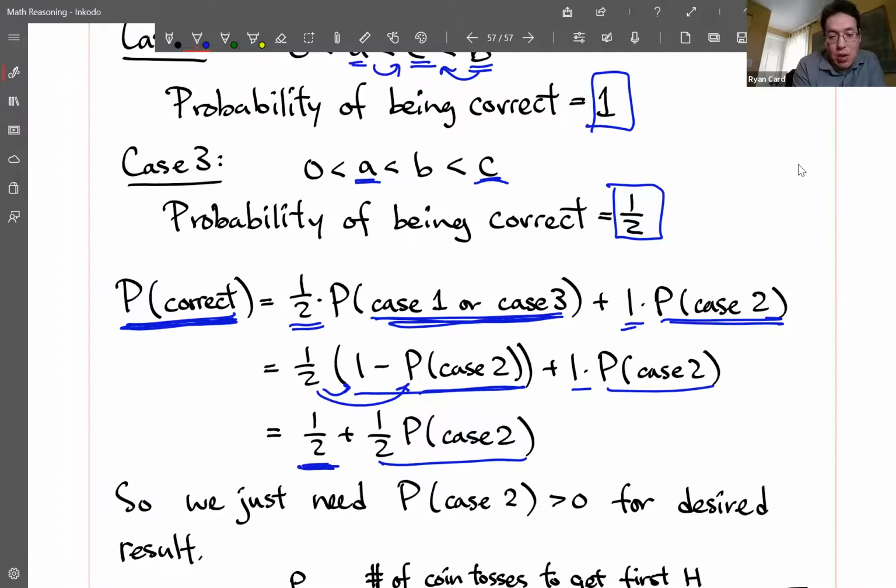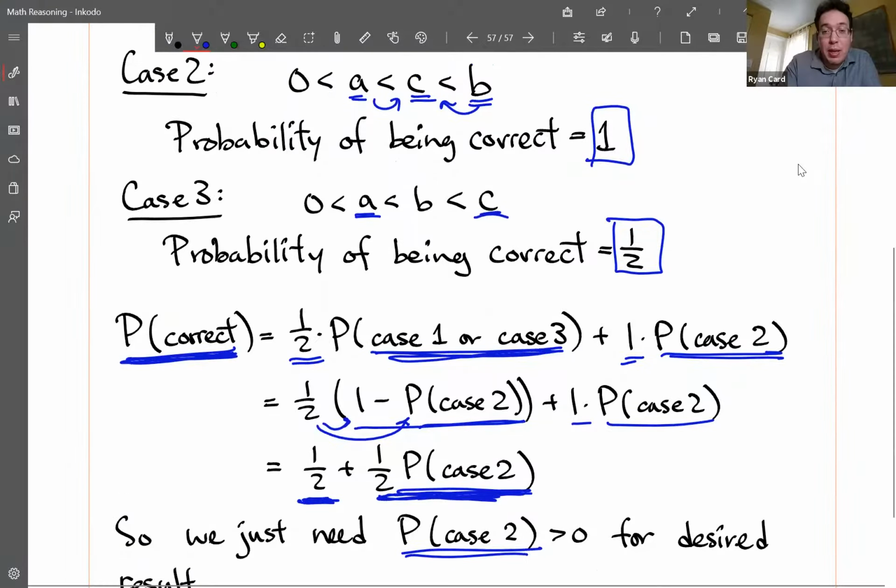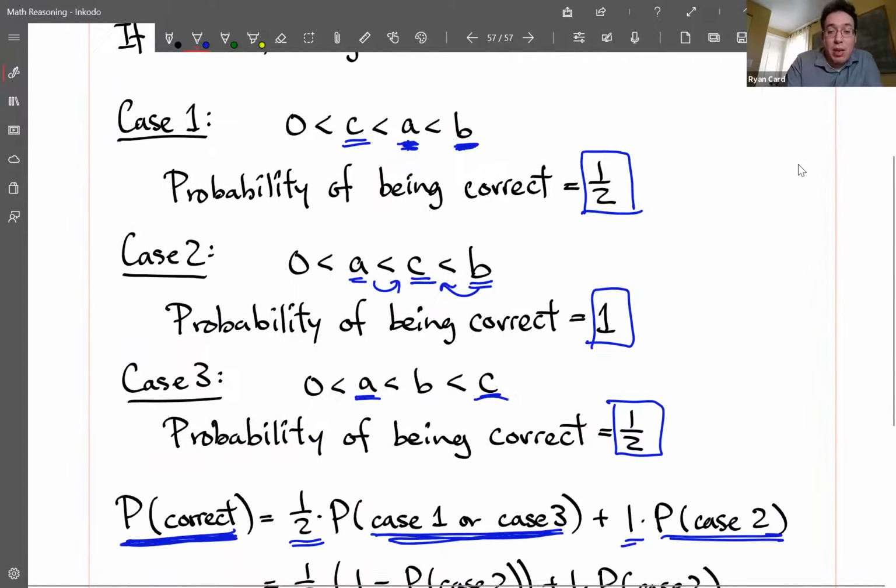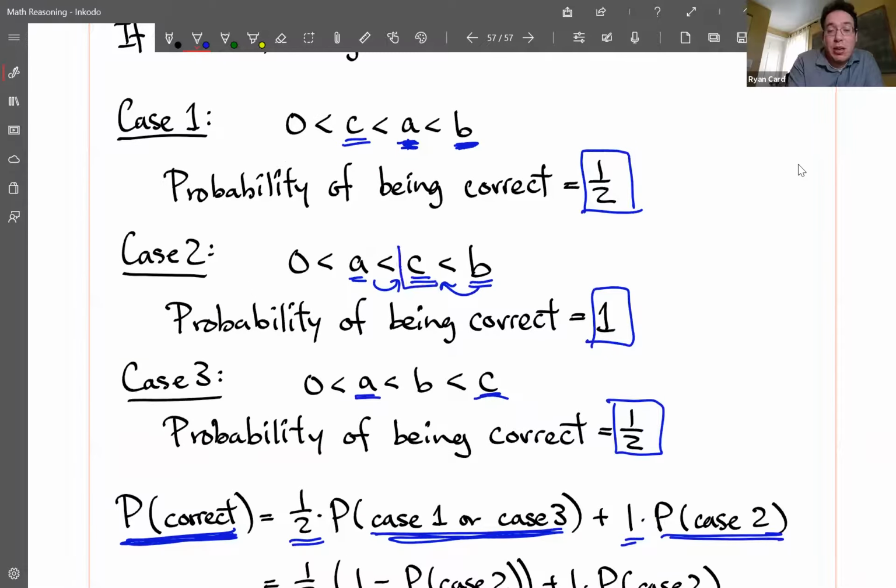So it will be 1/2 plus something positive, as long as you have some chance of getting into case 2. As long as this is positive, we'll have a strategy where the probability of being correct is strictly bigger than 1/2. Basically, it means we want a positive chance of landing in between any two real numbers.